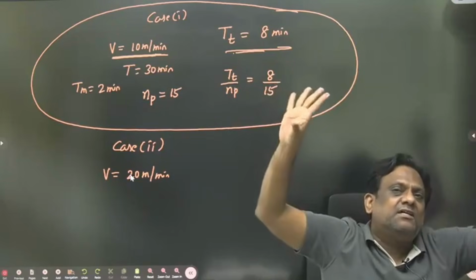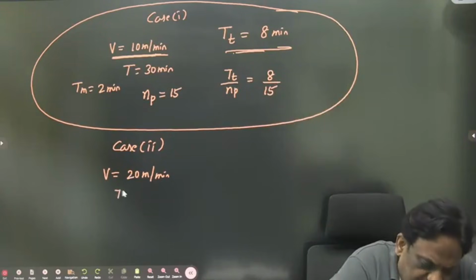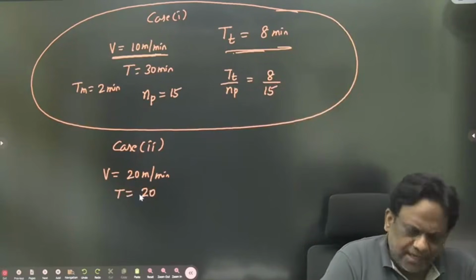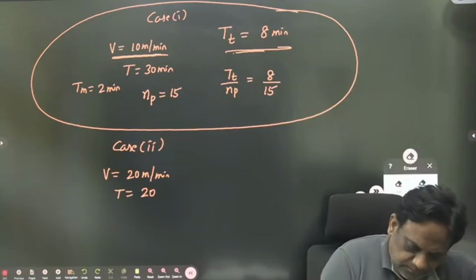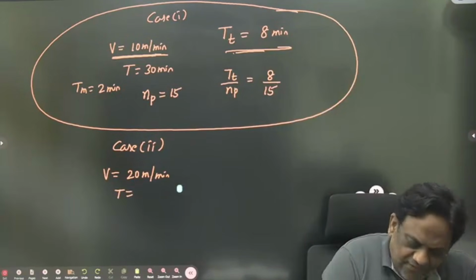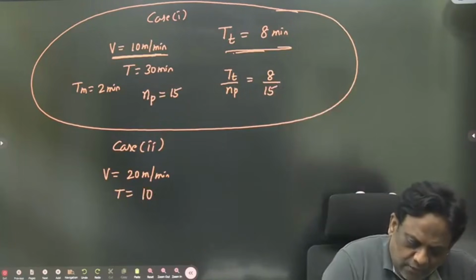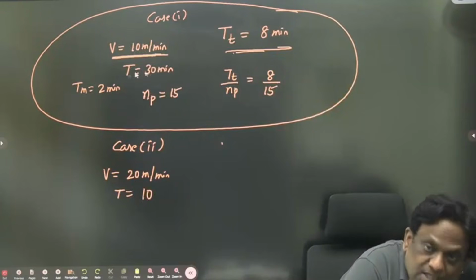When the temperature is increasing, the tool life will decrease. So let us assume that the tool life is, let us take 10, sir. Let us say the tool life has reduced from the original tool life at this velocity.